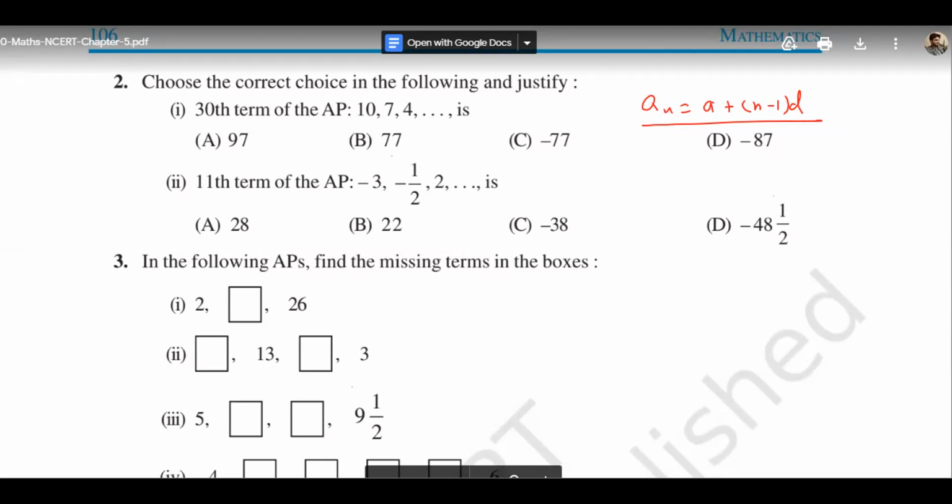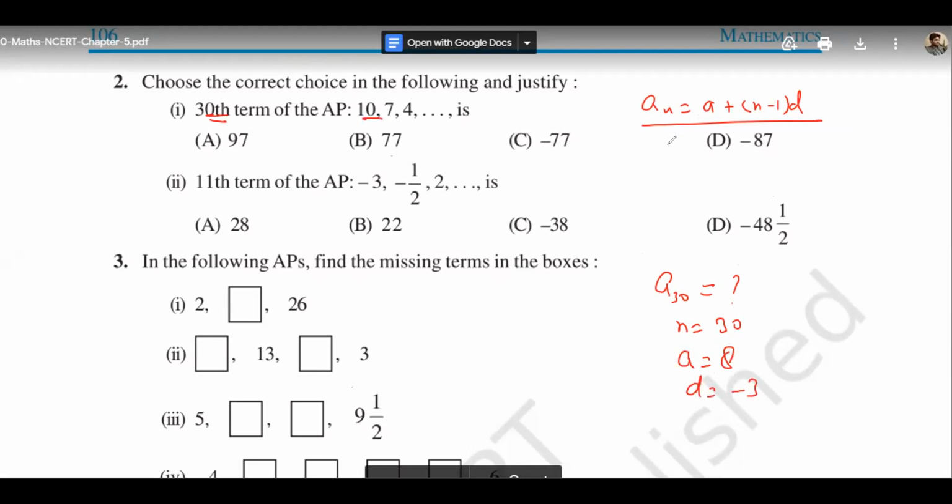Have you calculated, beta? So here in this AP, you have to calculate the 30th term of this AP. So A30 you need to calculate. N is equals to 30. The first term for this AP is actually 10, and the common difference for this AP is minus 3.